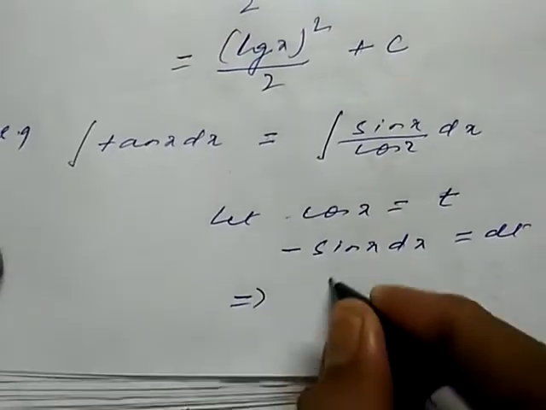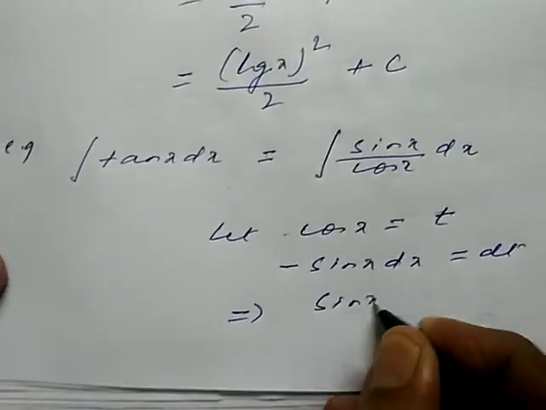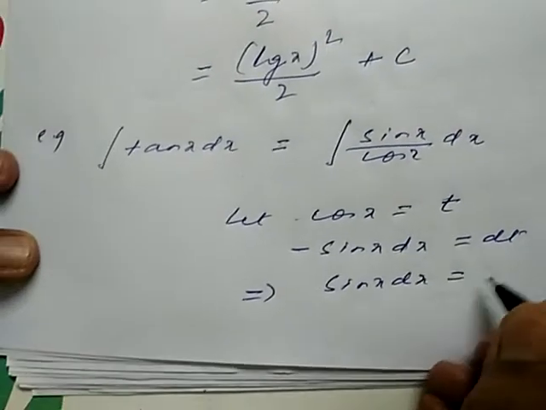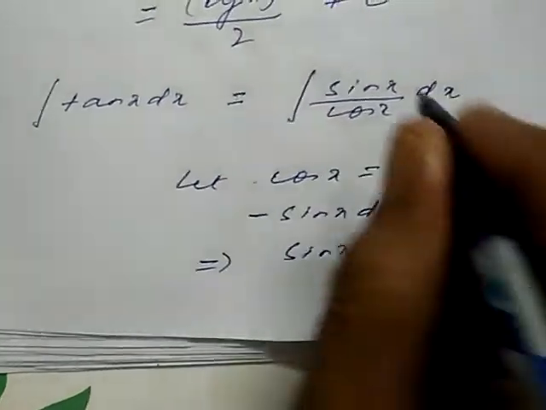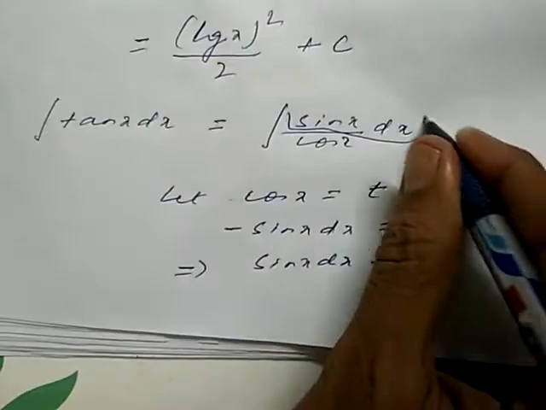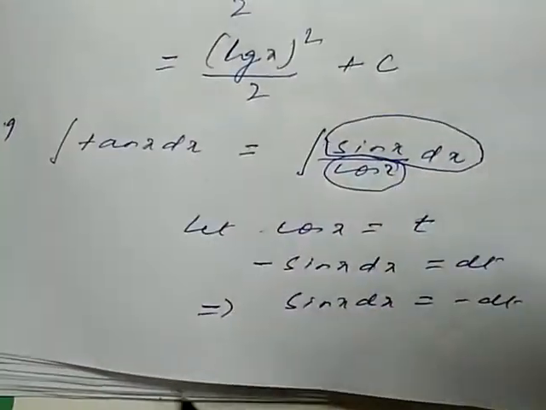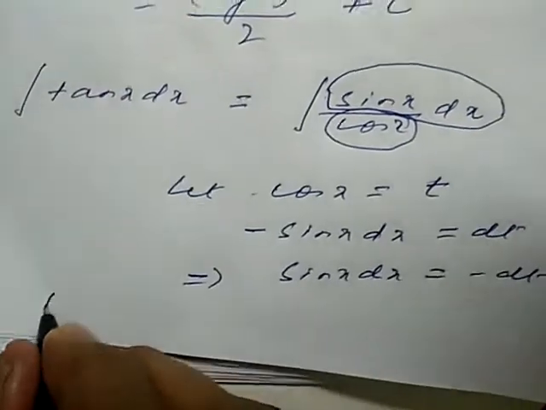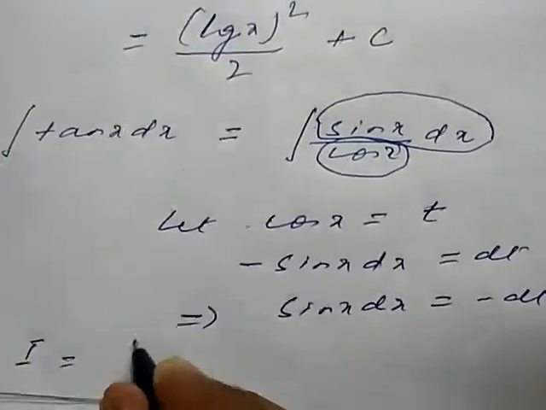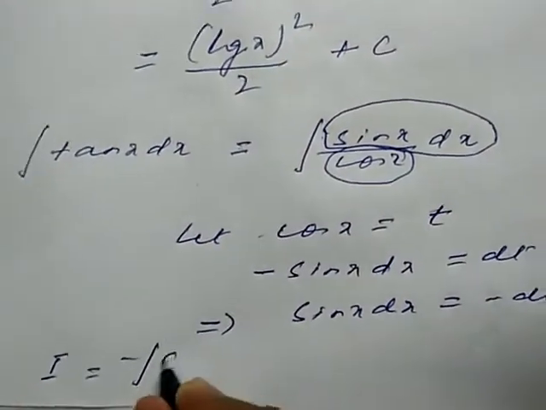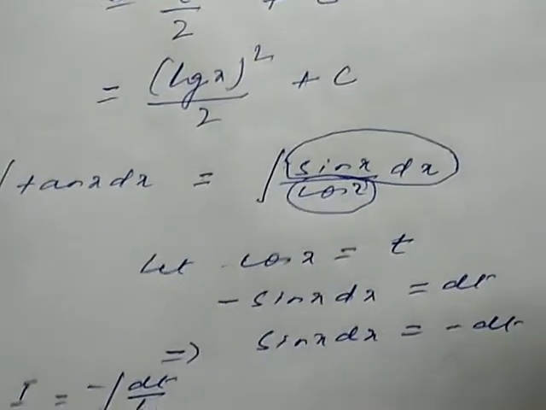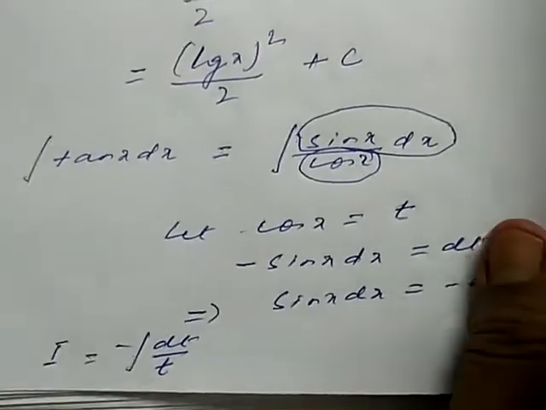This implies sin x dx equals minus dt. So we have a substitution for this one now. This is minus dt, and for this we have taken t. So after taking the substitution, we have minus dt by t. Now it's very simple.